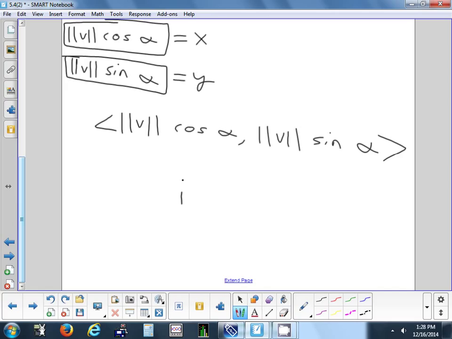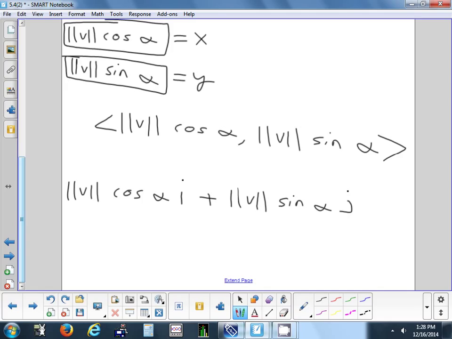Put i, and then put your horizontal component in front of it: magnitude v cosine alpha. In the second part, put j, and then put your vertical component: magnitude v sine alpha. All these are the formulas for the two sides in a right triangle, using right triangle trig.